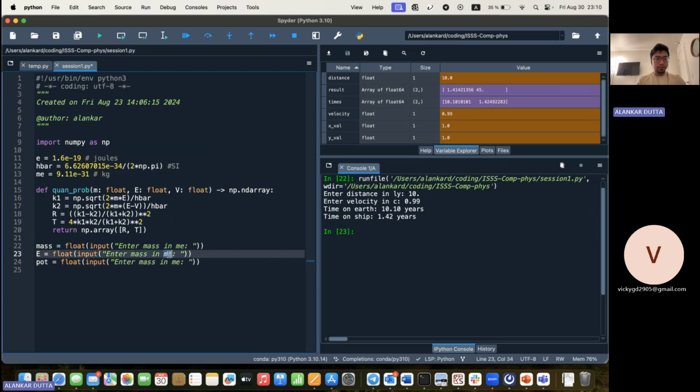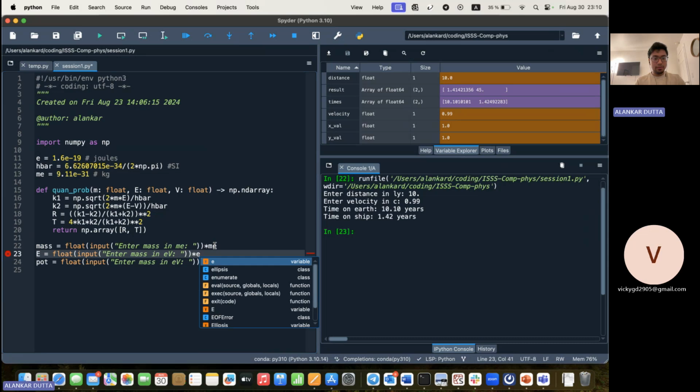So energy in electron volts and the potential also in electron volts. So this is in me, so we just multiply me to it, and we multiply eV to it.